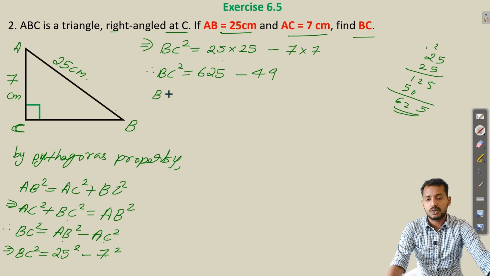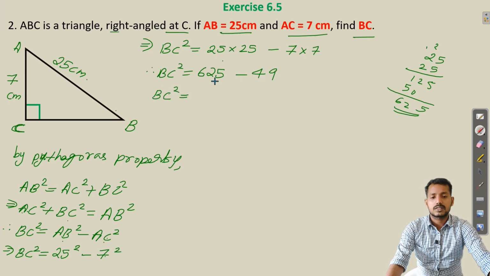Now BC square is equal to 625 minus 49. Subtract it. 5 minus 9 is not possible, so borrow 1, 15 minus 9 is equal to 6. It becomes 1, again 11 minus 4 is 7. Here it will be 5. So 576.